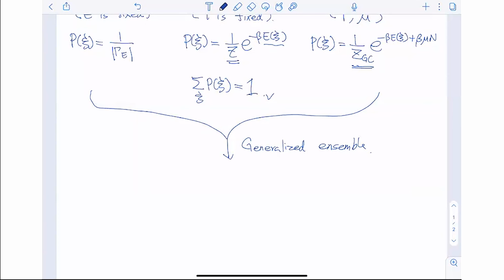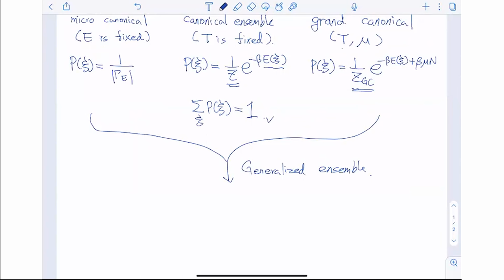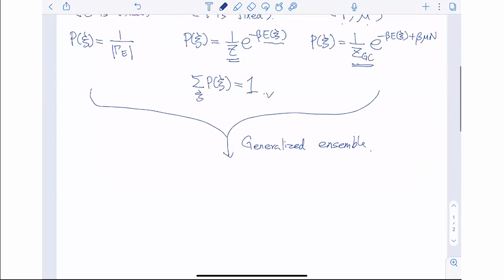Which just means that you can generalize this notion that maybe you can have fixed temperature or fixed chemical potential or fixed pressure, depending on what kind of physical scenario you are facing. You can generate the corresponding probability description.